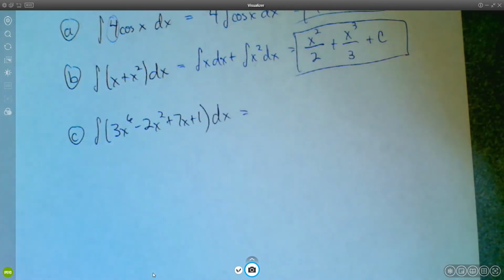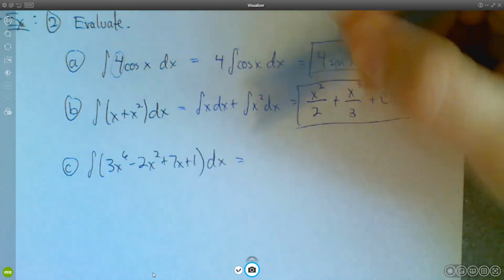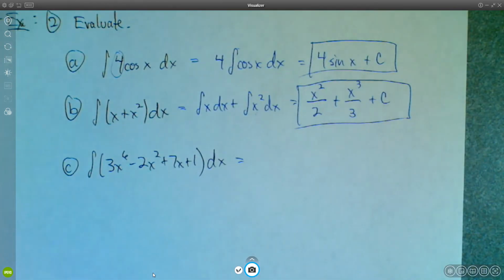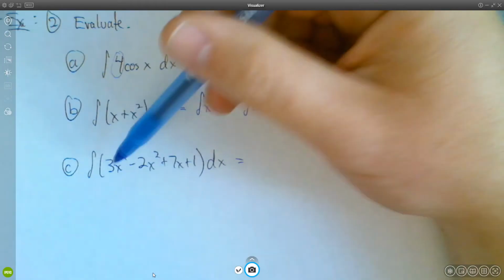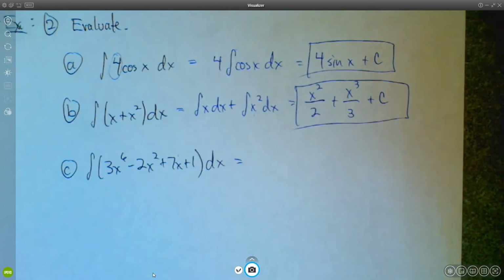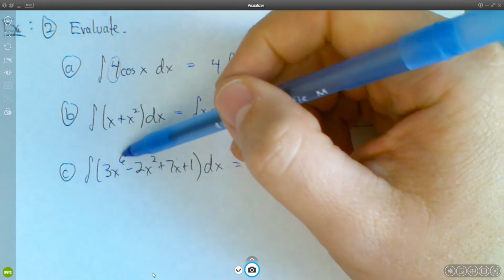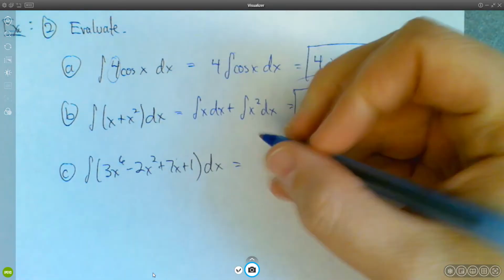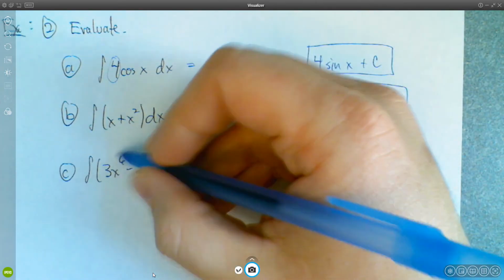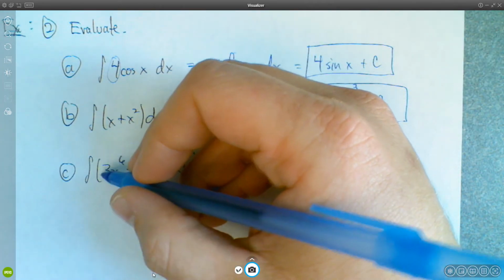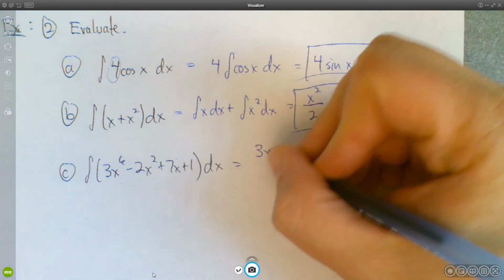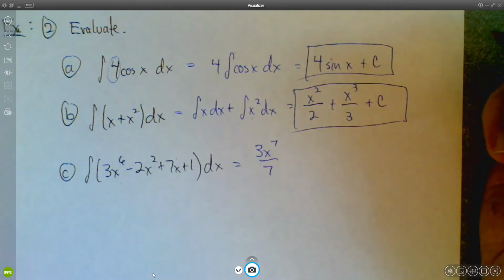Okay, so I'm not going to bother showing the distribution and all of that stuff. I know that I can kind of handle each one of these things independently, so I'm going to do that. So if I add 1 to the exponent and then divide by the exponent on this first term, I'm going to get x to the 7th over 7. I have to multiply by 3 though, so I'm going to have 3x to the 7th over 7.